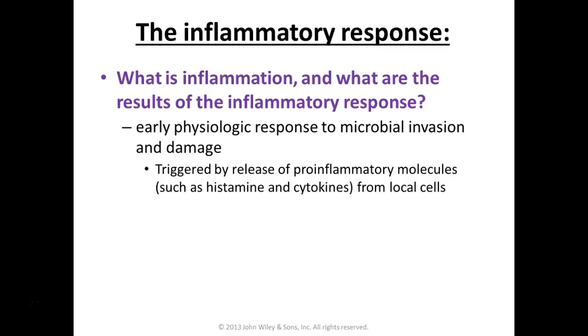Most of us have heard of the word histamine, right? This is one of those chemical signals that's released, especially when people are experiencing an allergic reaction. It's one of those triggers, one of those chemical signals that alerts our system to respond in a particular way. There are other chemical signals known as cytokines.